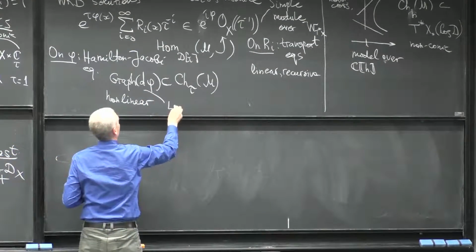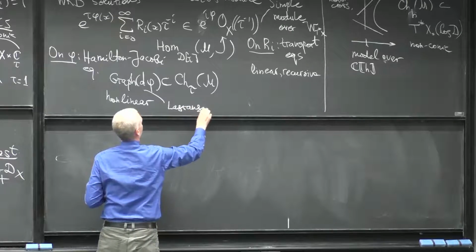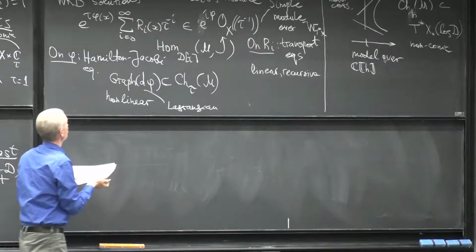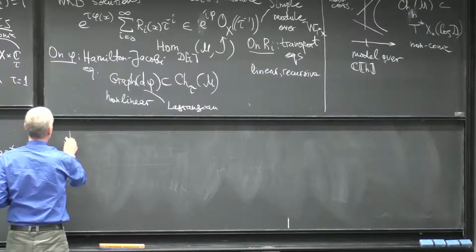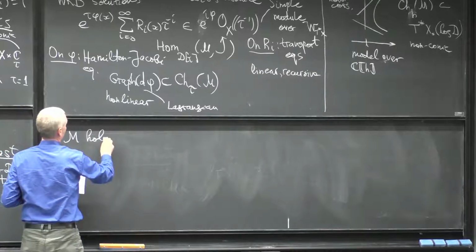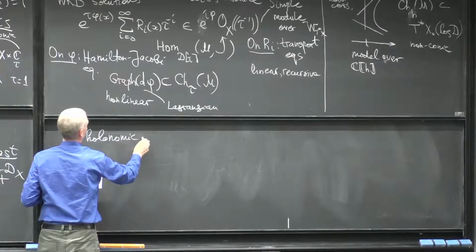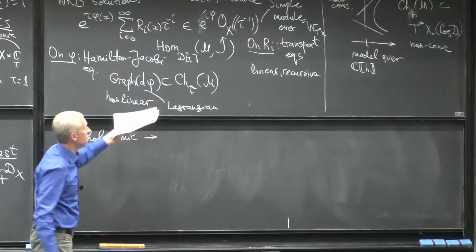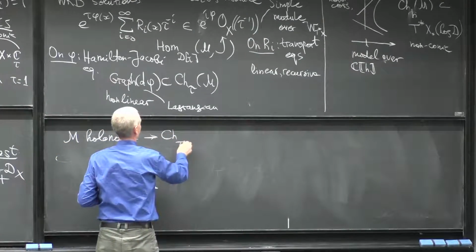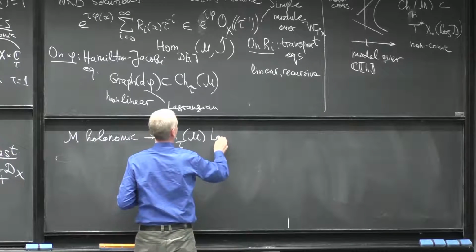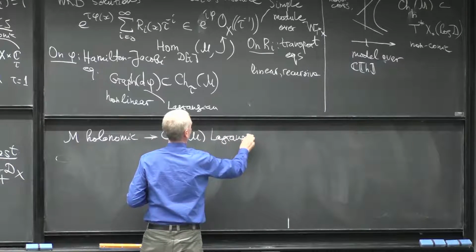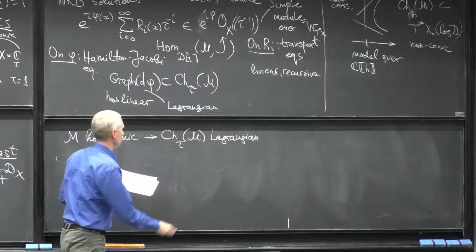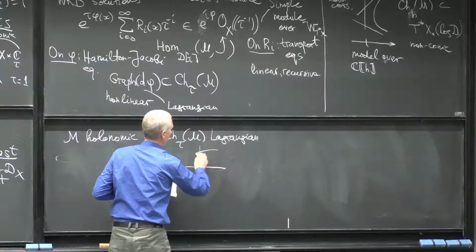This is a Lagrangian. So now when the module M is holonomic, the family is holonomic, then the characteristic variety is itself Lagrangian. But not homogeneous. So we think of it as being a ramified cover.